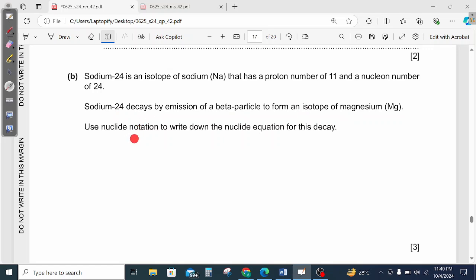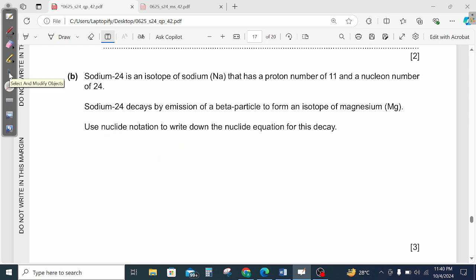Use nuclide notation to write down the nuclide equation for this decay. So you have to write out the equation, and when sodium is decayed by beta emission, what will be the nuclide notation?